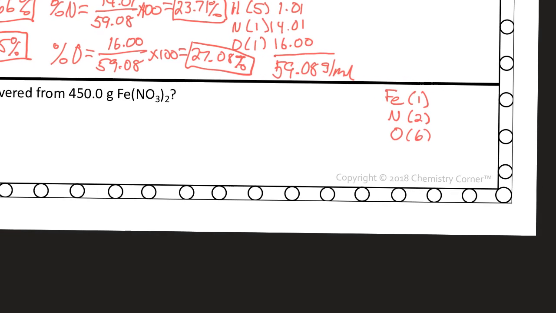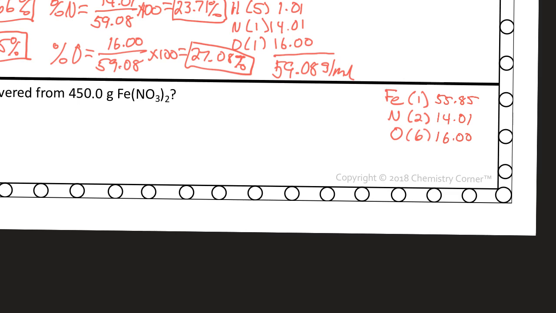So iron weighs, grab my weight of iron here, 55.85. Nitrogen is going to be 14.01, and oxygen is 16.